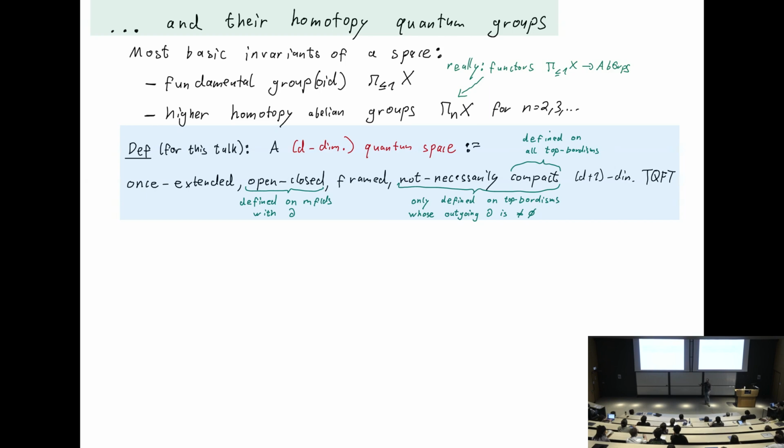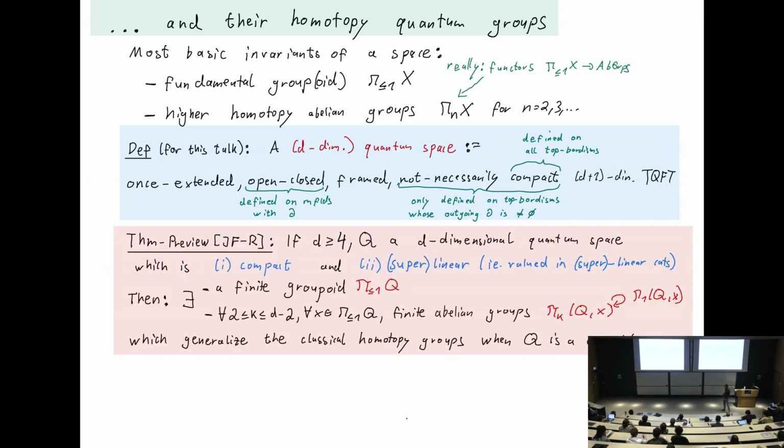That gives me linear maps and numbers for all bordisms. But we're dropping this condition, meaning we don't need to assign linear maps to all bordisms, so we remove some of the finiteness conditions that TQFTs impose and make it more general. We only need linear maps for bordisms that have non-empty outgoing boundary, and this usually brings in all these slightly non-finite, slightly less semisimple examples as well.